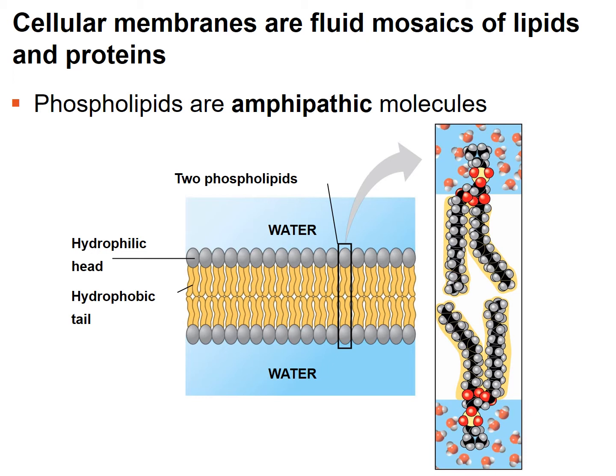The hydrophilic or polar heads like to interact with water, so the hydrophobic tails are going to try to hide from water. So it creates this lipid bilayer to hide the hydrophobic tails from the water. And you can see these space filling models here of the plasma membrane.